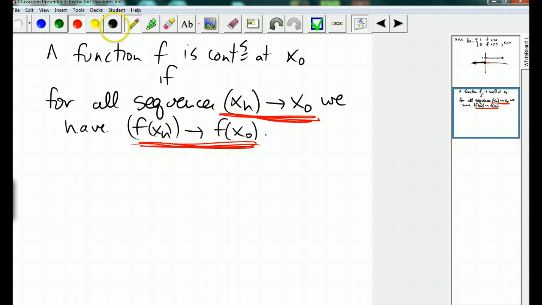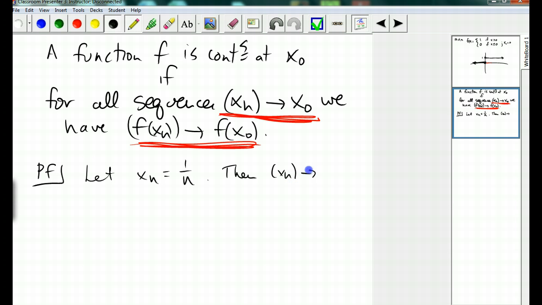So, proof. Let xn equal 1 over n. Then xn obviously goes towards 0 because the limit as n goes towards infinity of 1 over n is 0.